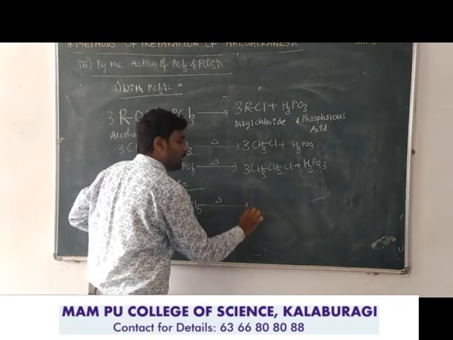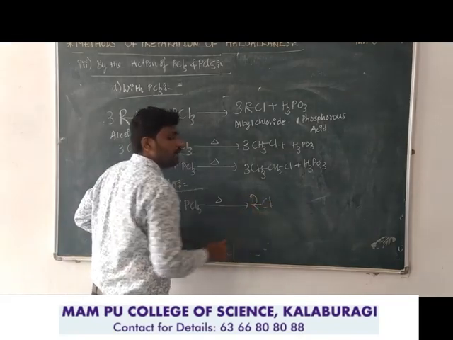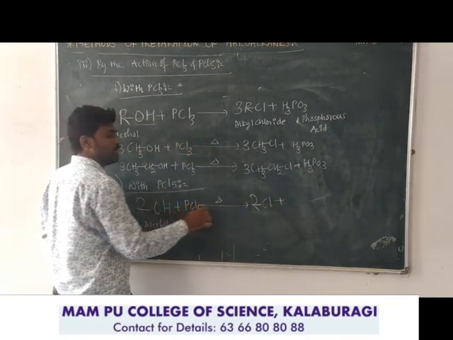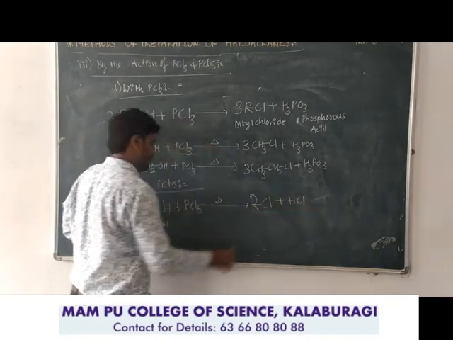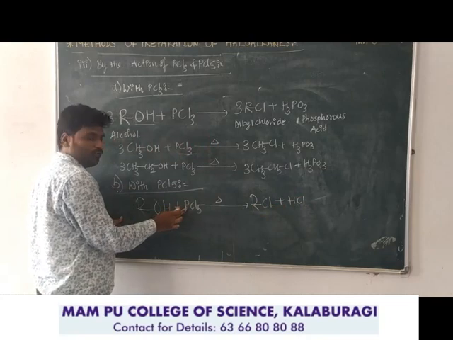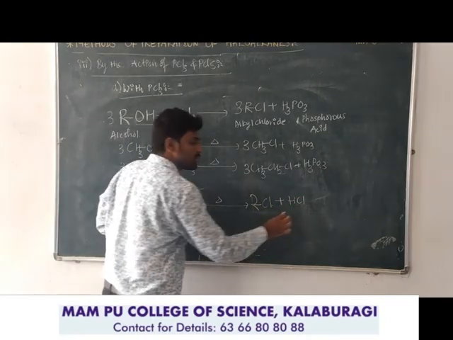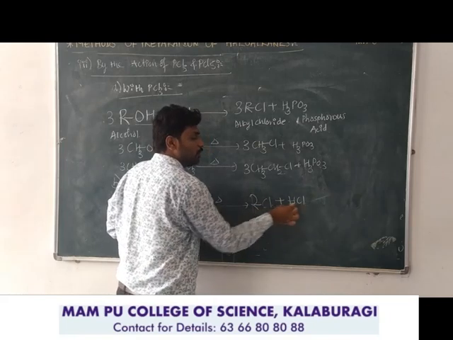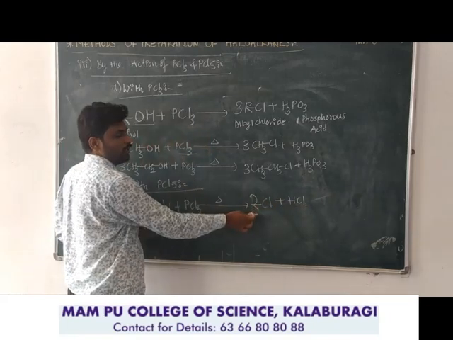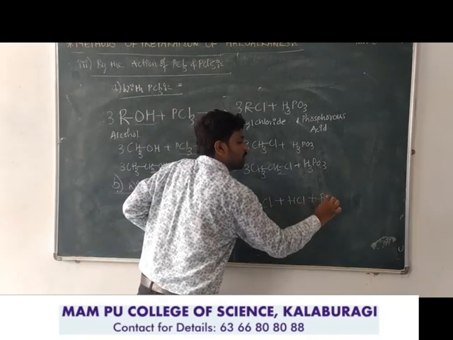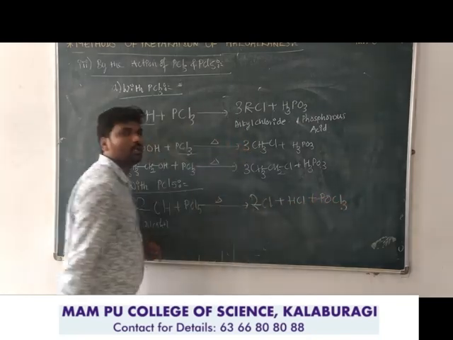So I am getting here RCl, alkyl chloride, with the byproduct HCl, and 1 phosphorus, 1 oxygen atom, and 3 chlorine atoms are left, because 2 chlorines are used, one as alkyl chloride, one to form a byproduct of HCl, another small quantity of phosphoryl chloride.